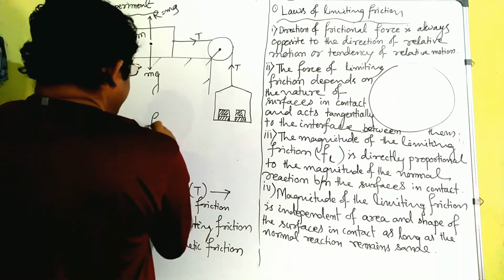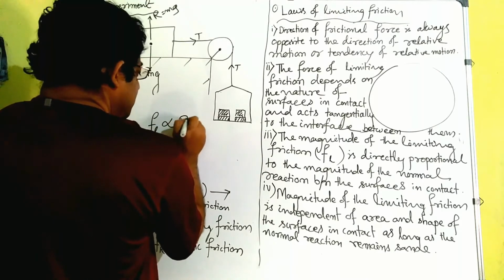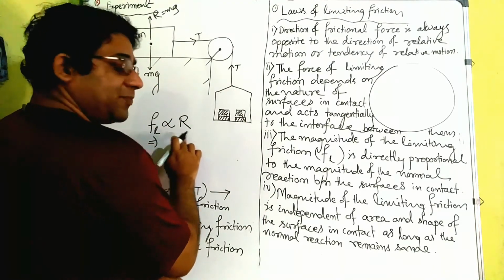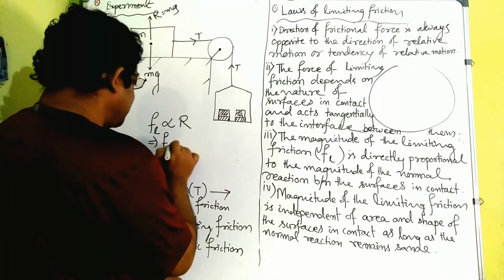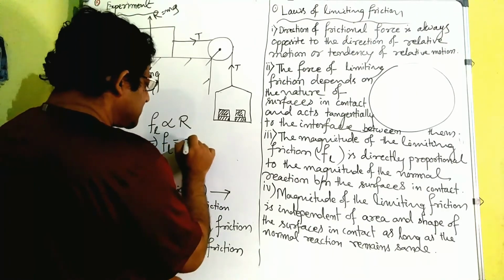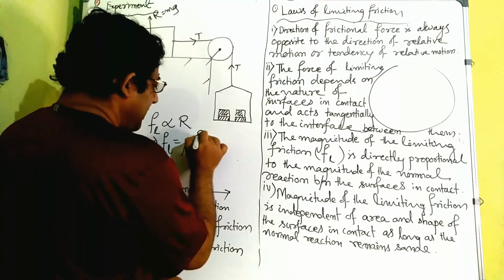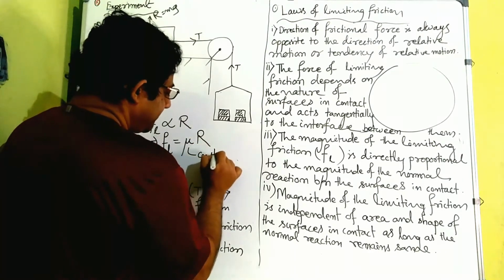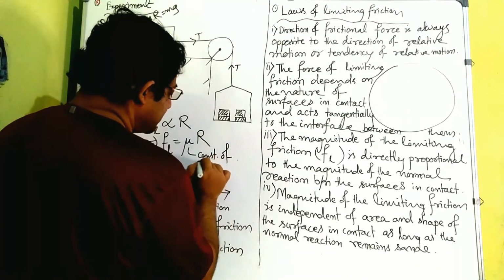Now this limiting friction is directly proportional to the normal reaction. If one variable is directly proportional to another variable, the first variable must be equal to some constant of proportionality multiplied by that variable. This mu is a constant of proportionality.